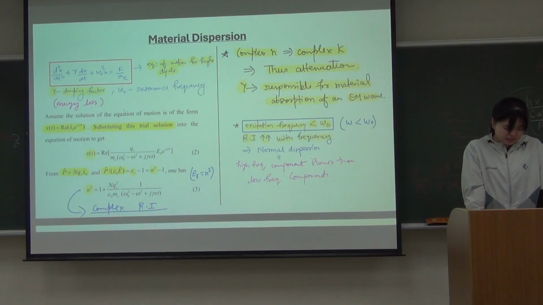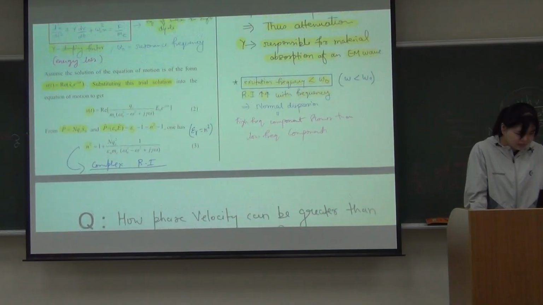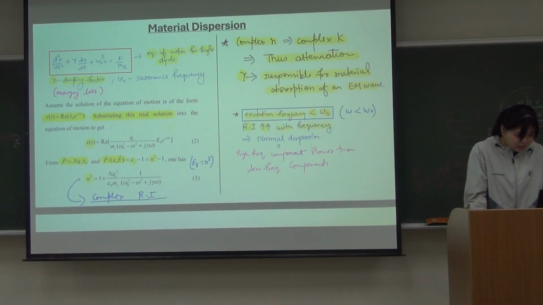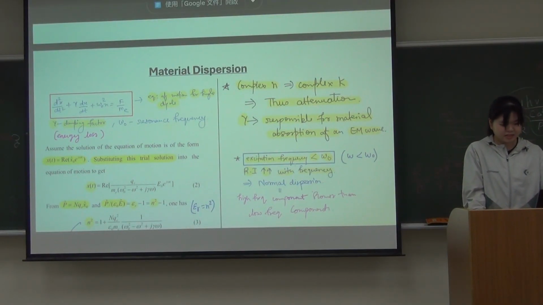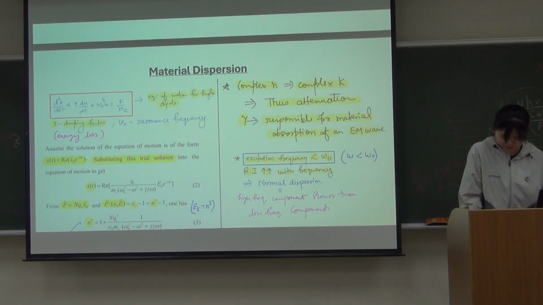a complex N results in a complex permittivity here, and loss attenuation of the wave along the propagation direction.